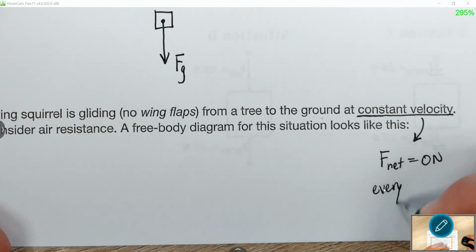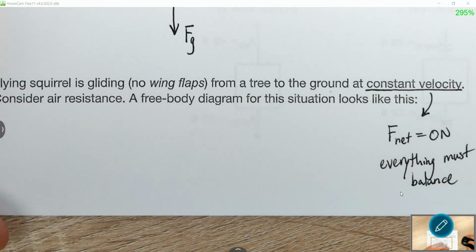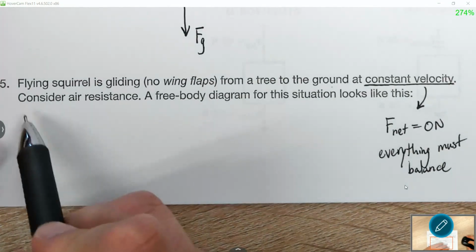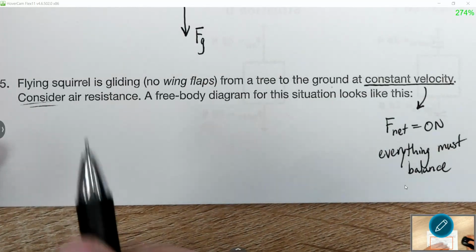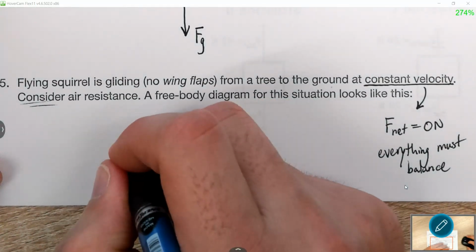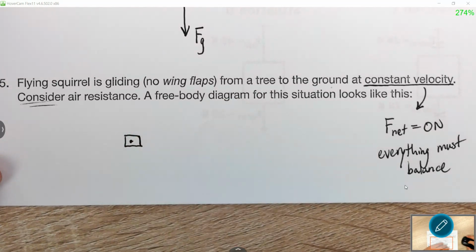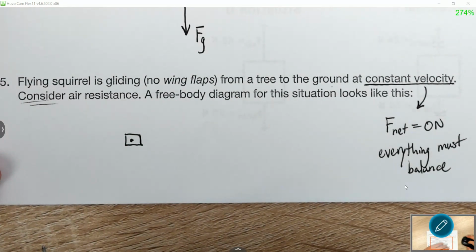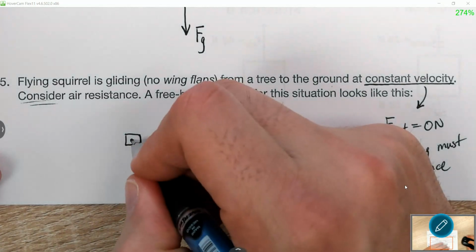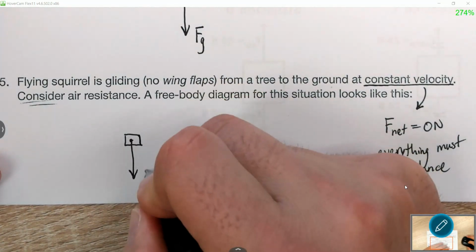So again, everything must balance. This time they're telling us to consider air resistance. All right, so here is our flying squirrel. First thing we should do, guys, is draw what? Downward arrow. And what do we label it? Fg for the weight.